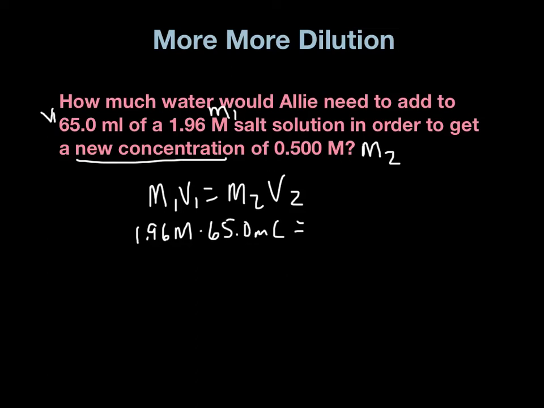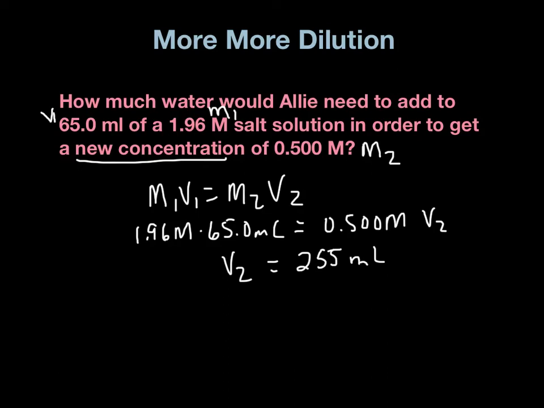Notice put in the units here each time. M2 is 0.500 molar. And V2 is what I'm solving for. So to solve for V2, I'm going to take 1.96 times 65 divided by 0.500. And I got 254.8, which we're going to put in the correct number of sig figs, 255 milliliters.